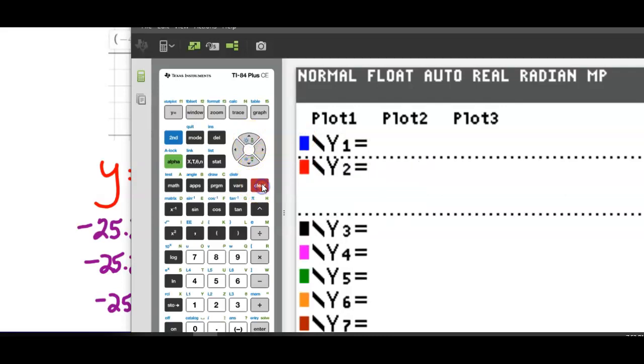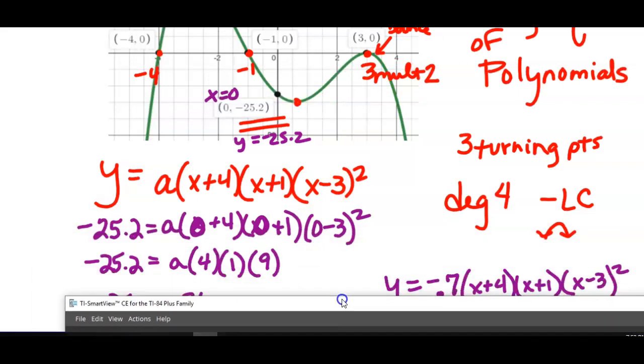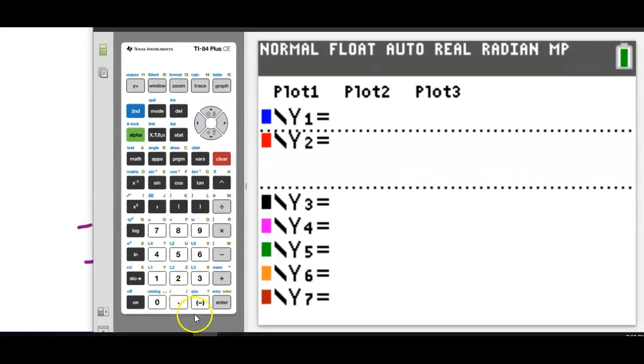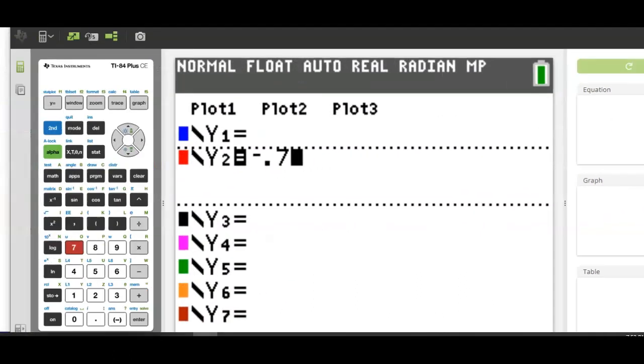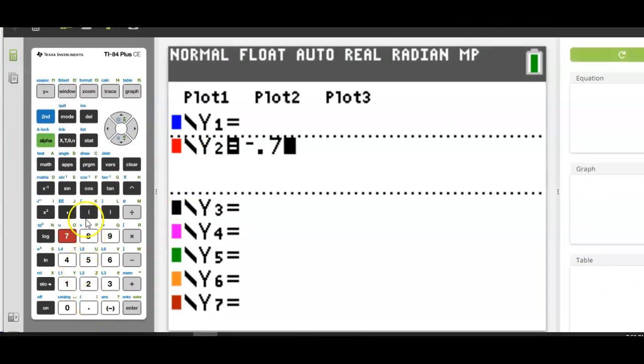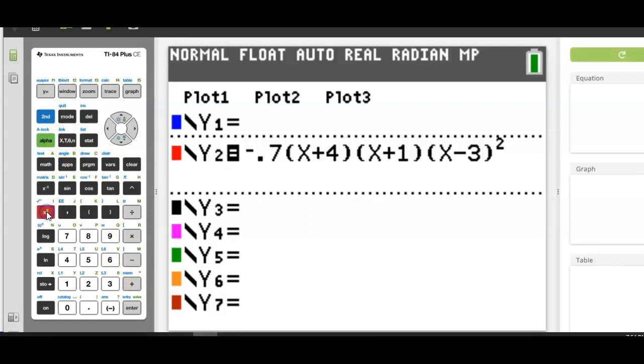I'm not going to check all these because I know what the answers are, but I want to check one to show you how to check one. So we have negative 0.7, and then we had an x minus 3 squared, and an x plus 4, and an x plus 1. All right, so this is what we got for an answer.